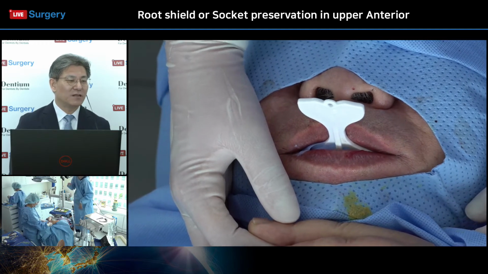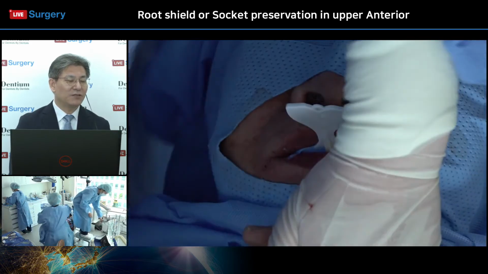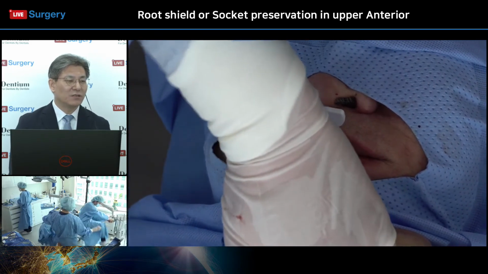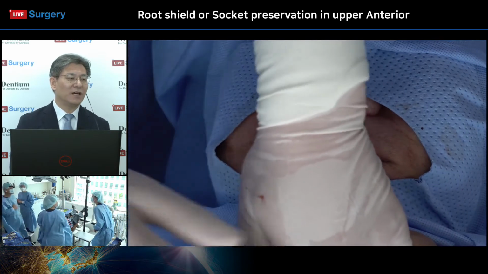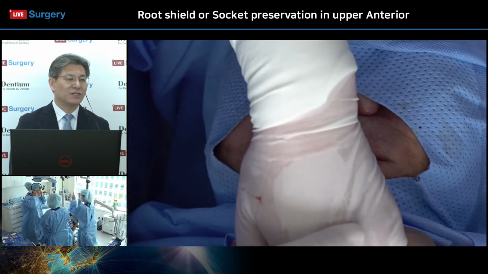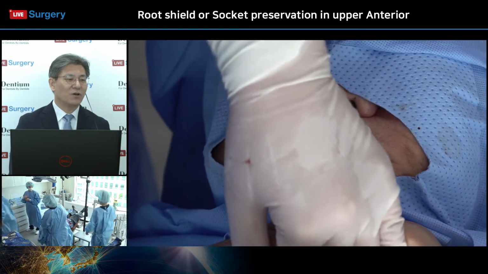During 5 minutes, bite firmly, and then we can get the bite registration and also 2 negative impressions of the opposite dentition.